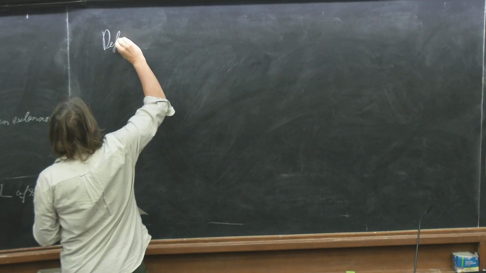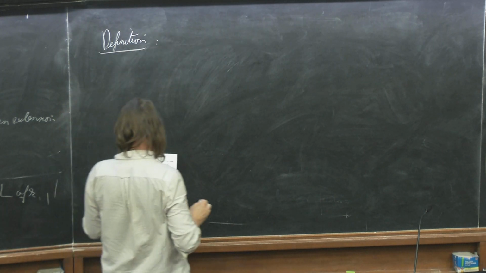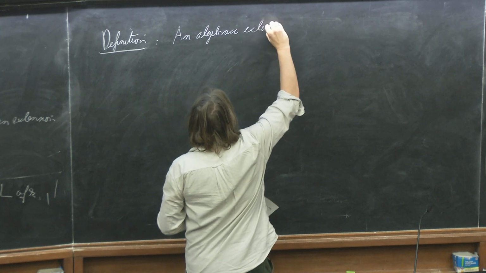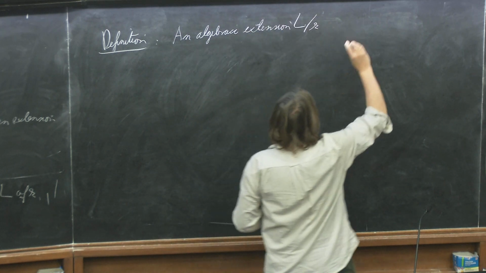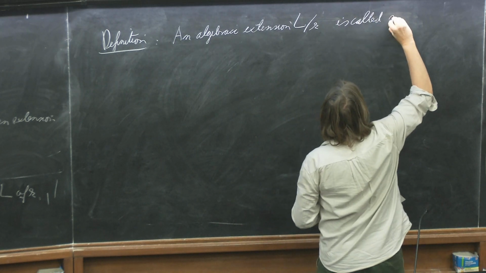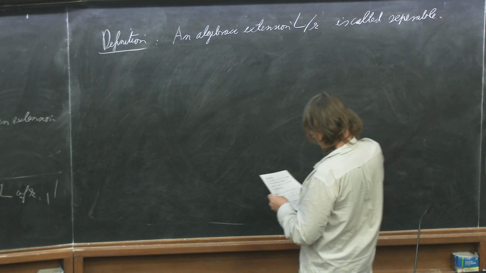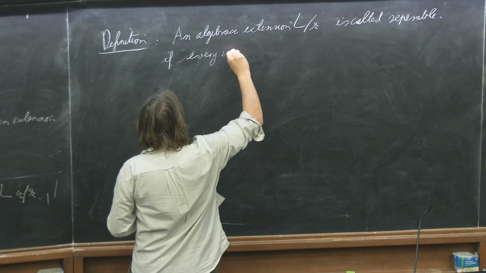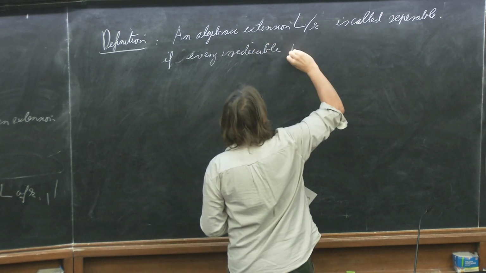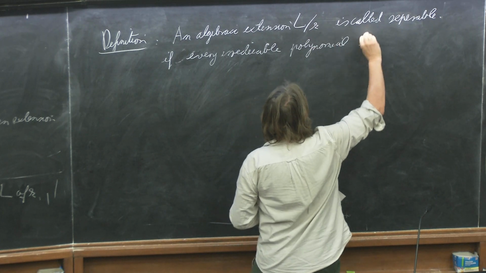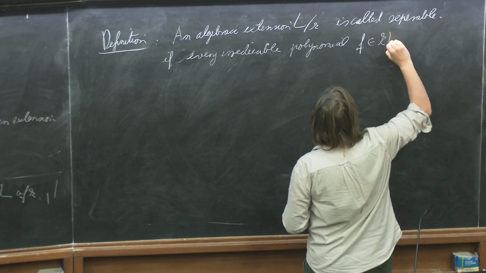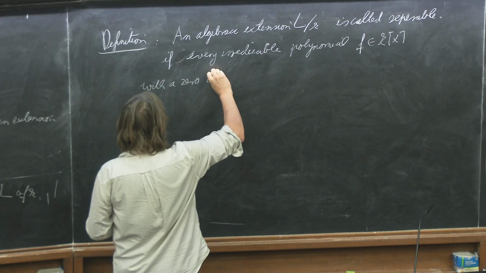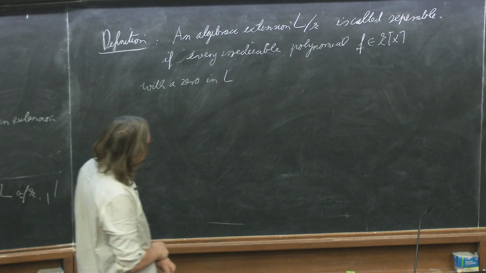So the definition, again, in writing: an algebraic extension L over K is called separable if every irreducible polynomial f in K[X] with a 0 in L has no multiple roots in its splitting field.